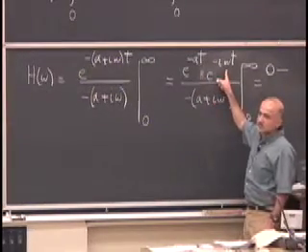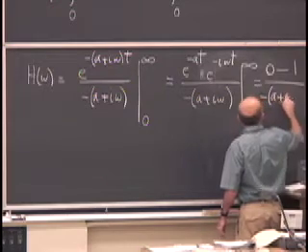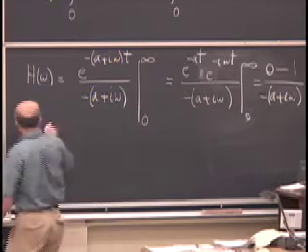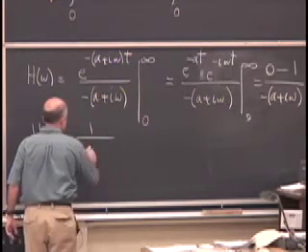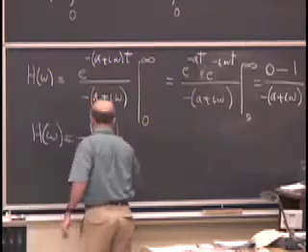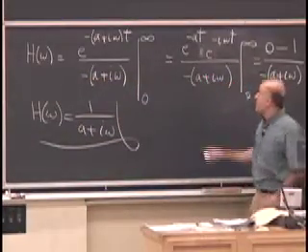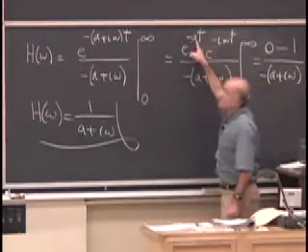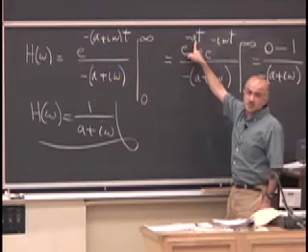So it's 1 over negative quantity a plus i omega. The negatives now cancel out, and you've got your frequency response: 1 over a plus i omega. If A had not been positive, this would have blown up, and this filter would not have had a frequency response.